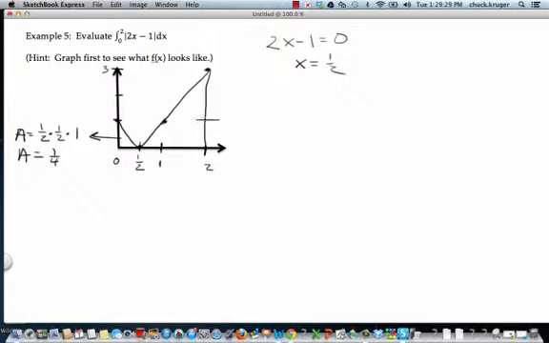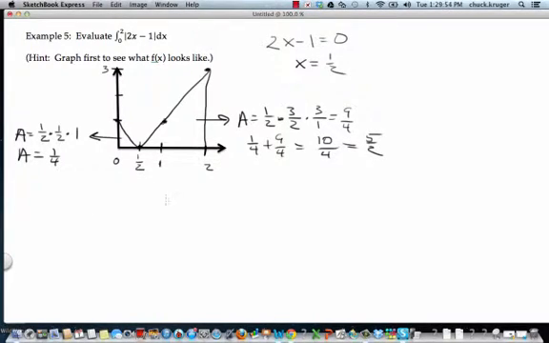And over here, it is also a triangle, so I have 1/2. The base is 1 and 1/2, which is 3/2. And the height goes all the way up to 3, so that's 3 over 1, and I get 9/4. And if I add 1/4 plus 9/4, I get 10/4. And so I should get an area of 5/2.